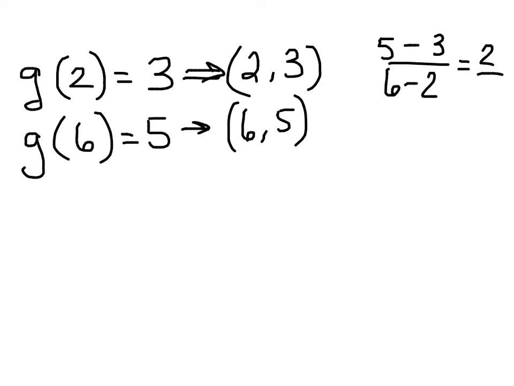What's 6 minus 2? 4. Now, here's another thing that I've seen many students do: I have 2 divided by 4, and a lot of times what people do is that they give me the answer of 2. What they've done is that they've taken the big one divided by the little one automatically, or they flipped it and reversed it or something, I don't know.